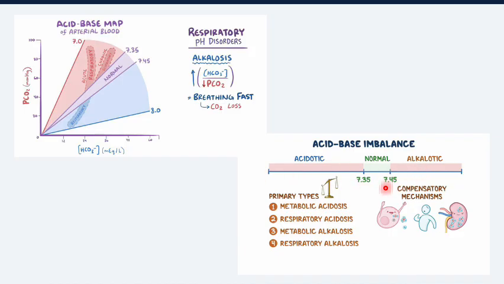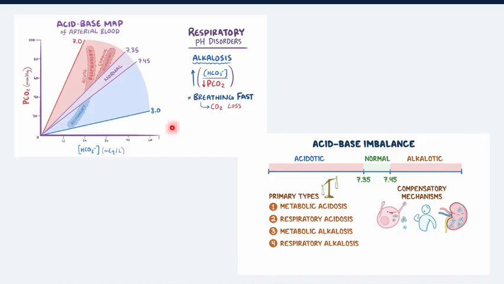Anything greater than 7.45 is considered alkalotic. The compensation mechanisms are either with the lungs, you're going to blow it off, or you're going to excrete it out with the kidneys. And these are the 4 primary types: the metabolic acidosis, respiratory acidosis, metabolic alkalosis, and then respiratory alkalosis.